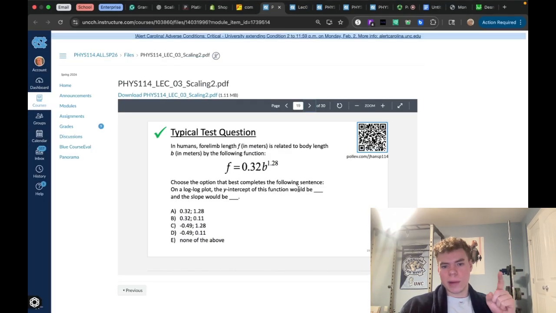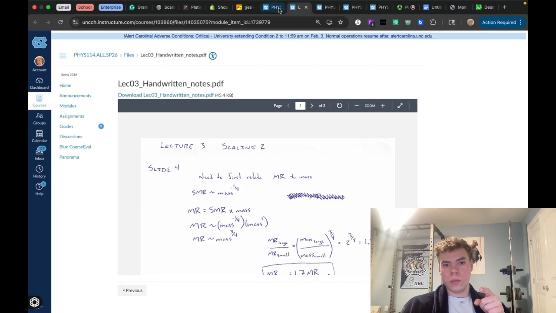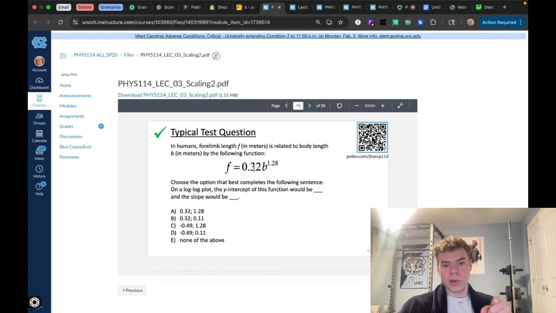So the y-intercept of this function would be 0.32, right? Because when x equals 0, y would be 0.32.